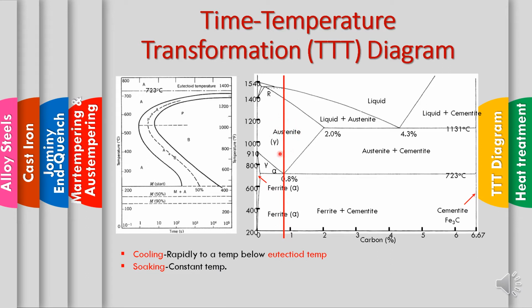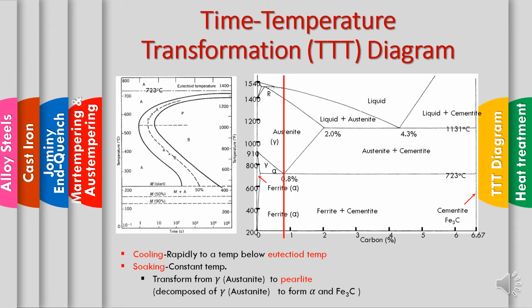So this is the austenite region, and then we set for the cooling rapidly, and it will go for the rapid cooling temperature below the eutectoid temperature, here in this area.